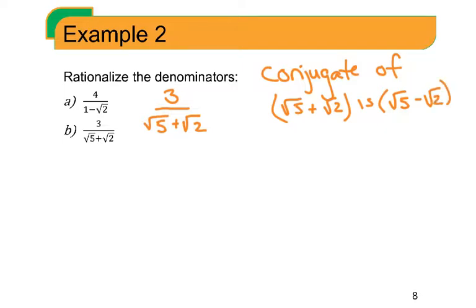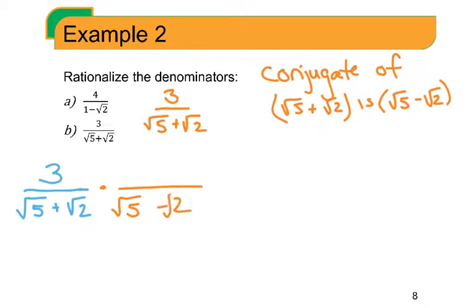So let's multiply by the conjugate. I'm going to multiply by the square root of 5 minus the square root of 2, and I have to do this to the numerator as well. Parentheses will help us keep things straight. So we're multiplying by something that's equivalent to 1.